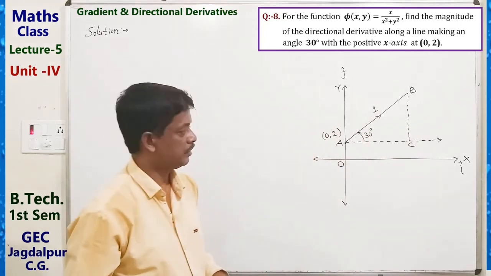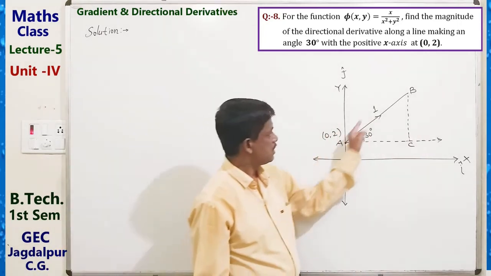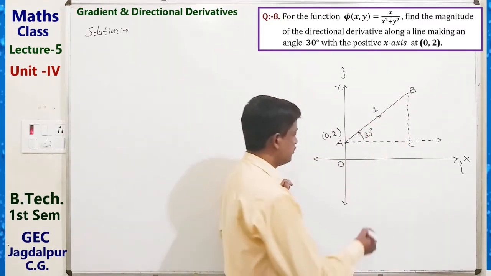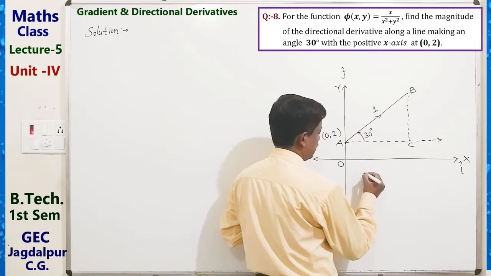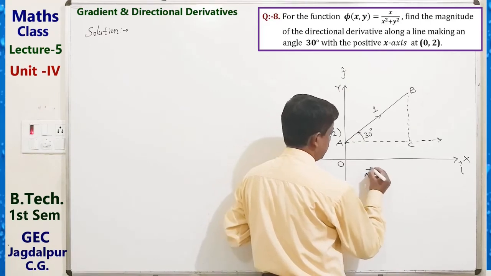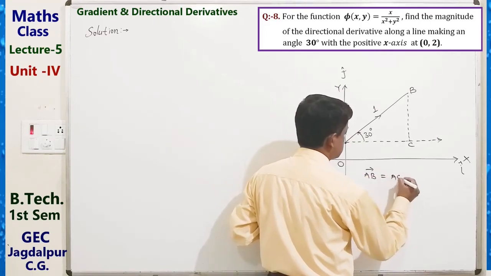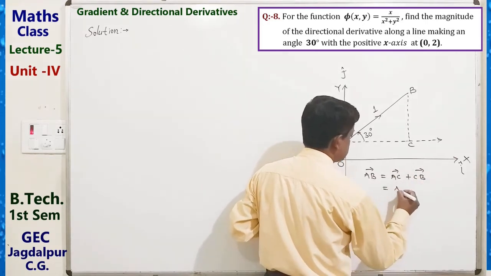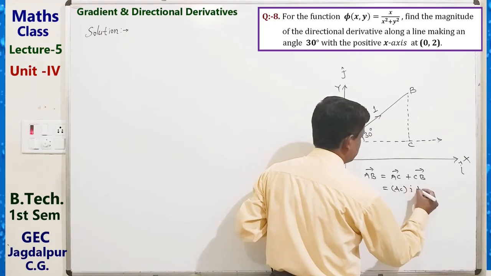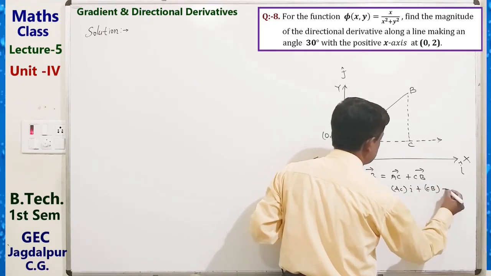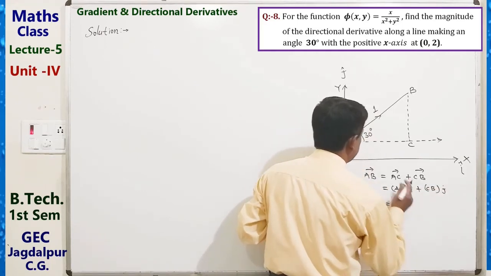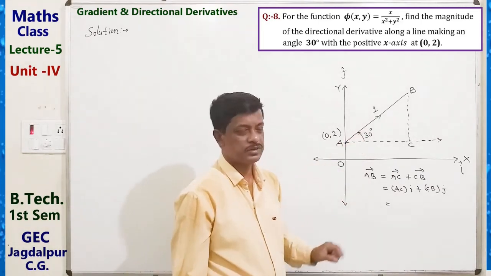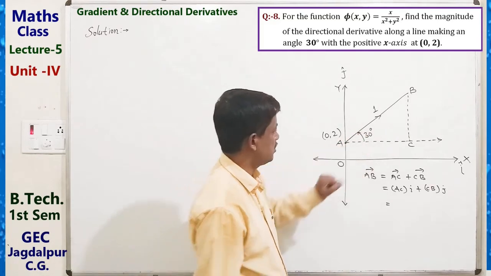Now, from here, in this direction, the unit vector, this is the unit vector length, vector AB. So here AB vector equals AC plus CB, equals AC into I plus CB into J. The angle is 30 degrees, so you can use cos theta as base by hypotenuse.